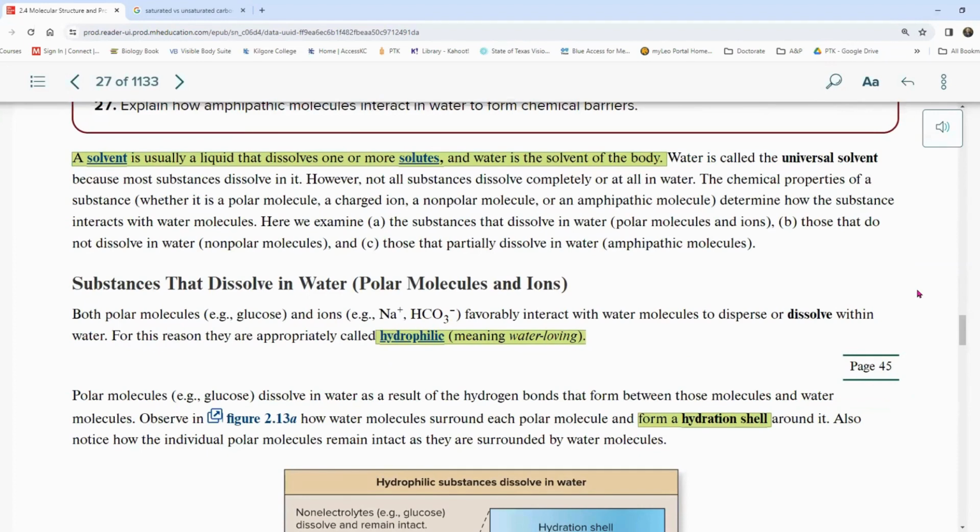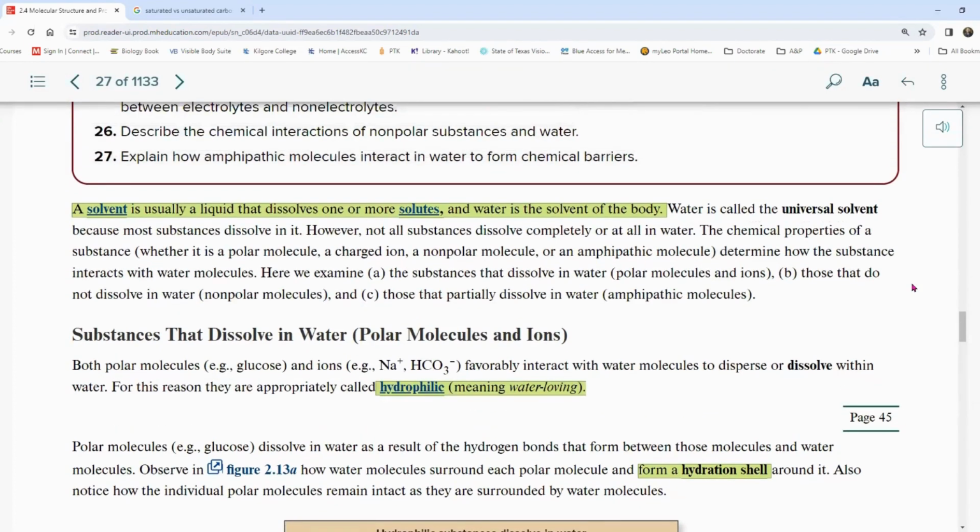So in terms of solvent and solutes, if I were to take some salt and dump it into a cup of water, the salt, or the sodium chloride in this case, would be the solute, and the solvent would be the water. So solvent is what is being used to dissolve in, and solute is what you're actually putting into something to be dissolved.